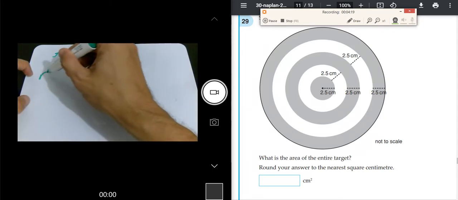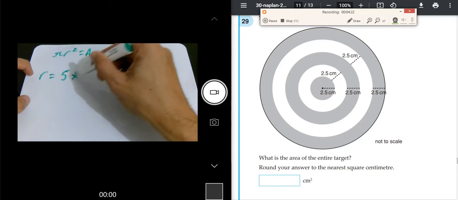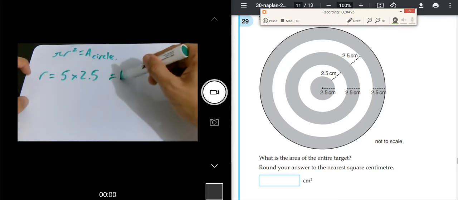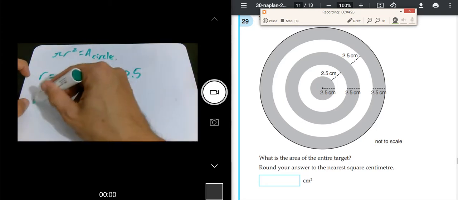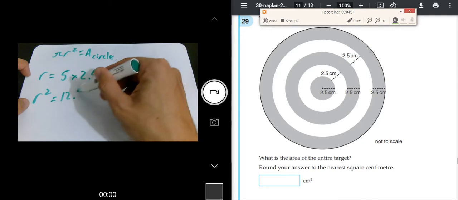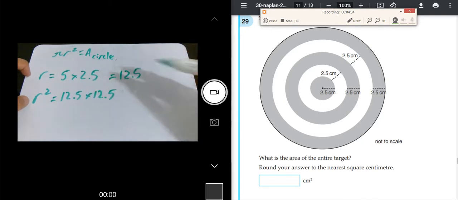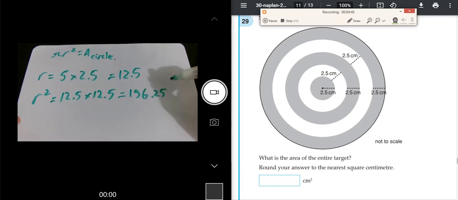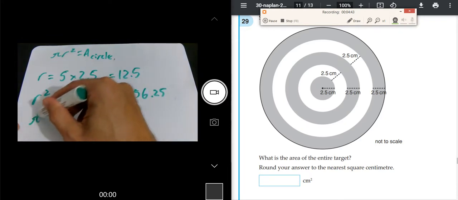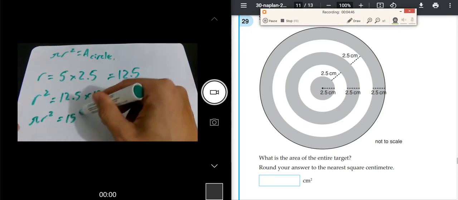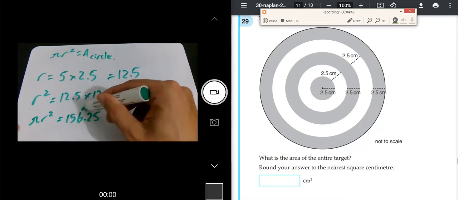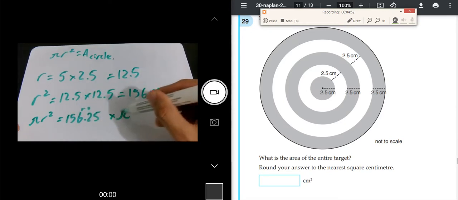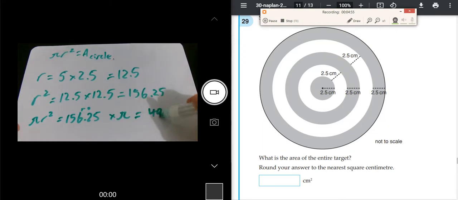The r we figured out was 5 lots of 2.5, which equals 12.5, when r squared was 12.5 times 12.5, which was 156.25, and then pi r squared, of course, is the 156.25, which is r squared, times by our pi, and that's got us 490.86 I believe it was, which of course rounds up to 491.